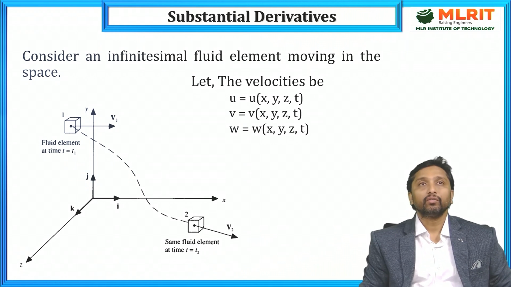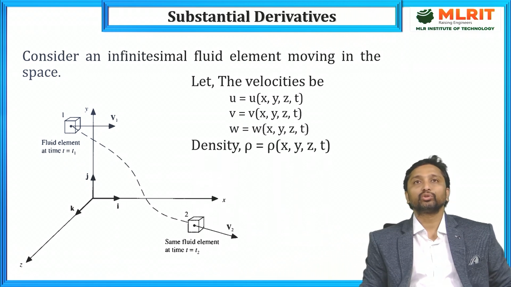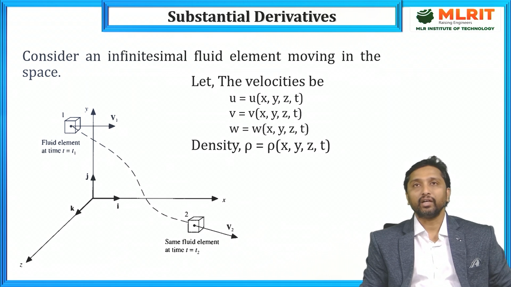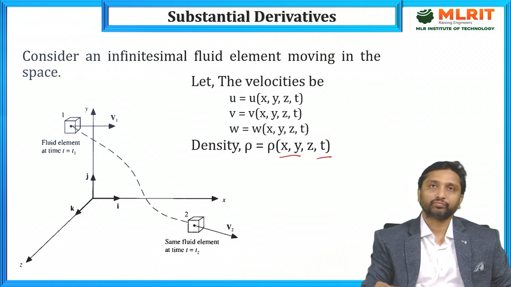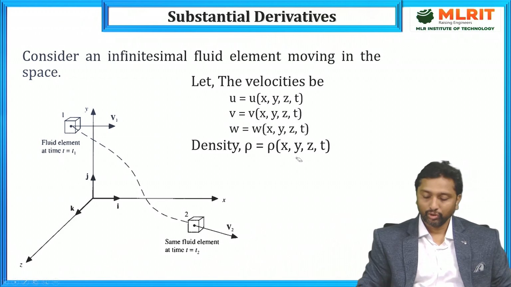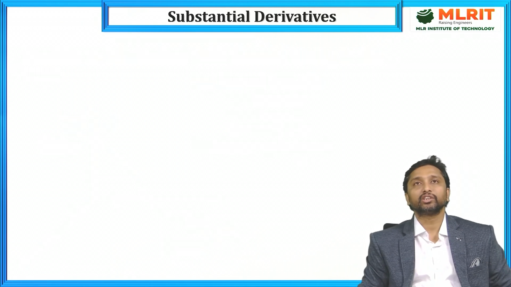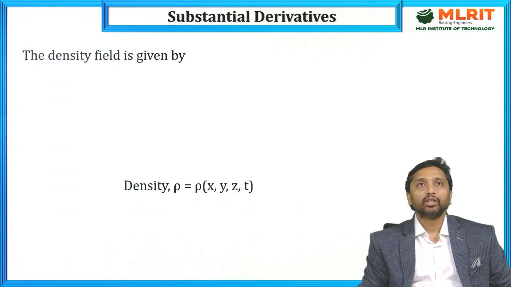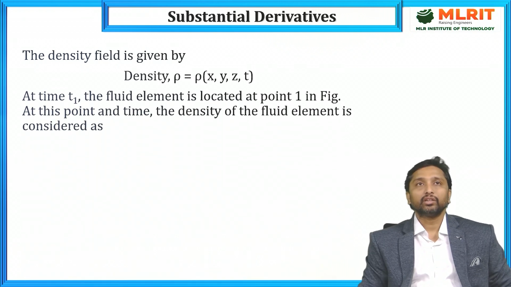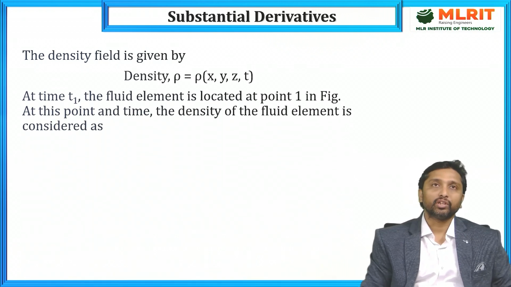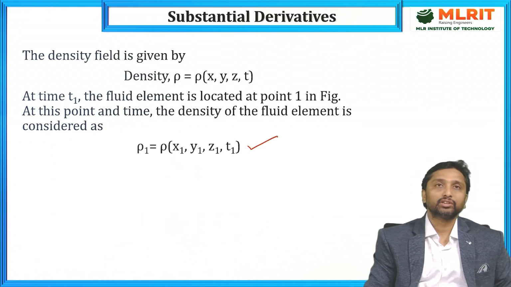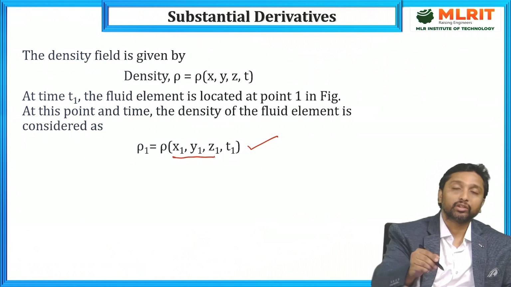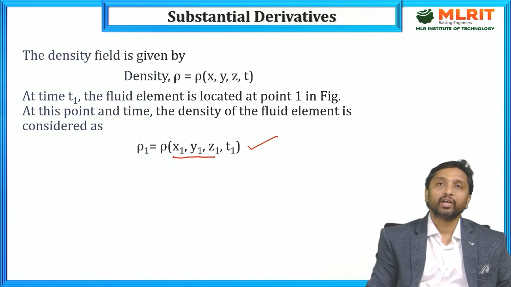Similar to velocity, we can consider density, which is also a function of space and time. Throughout the flow field, the density is assumed to be a function of space as well as time. Since the density field is a function of space and time, if you refer to the previous image, at time t1 we can represent density as rho1, which is a function of x1, y1, z1 and time t1.